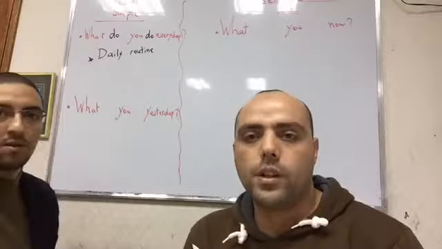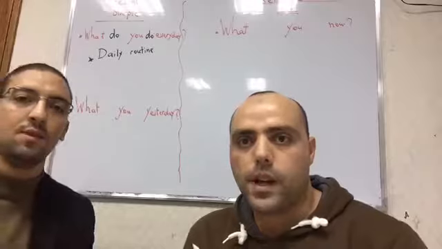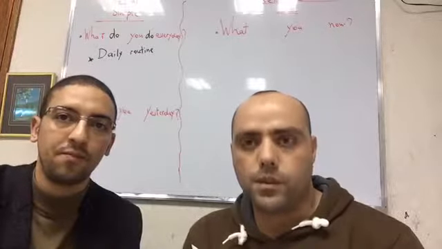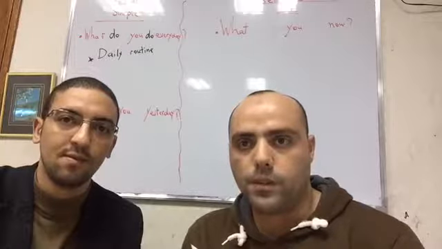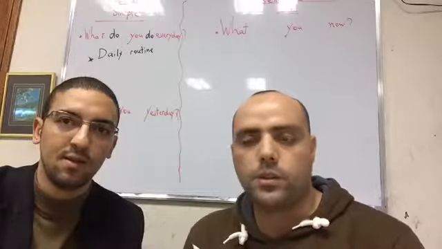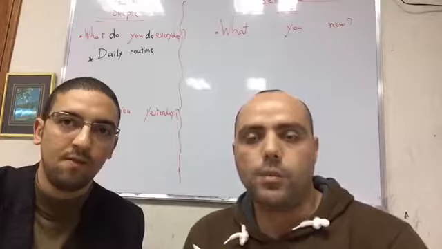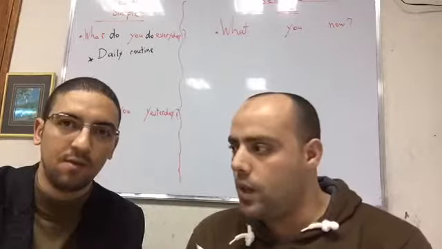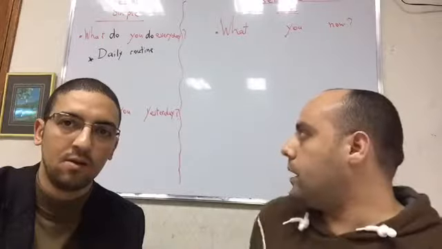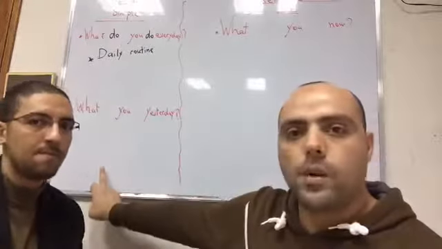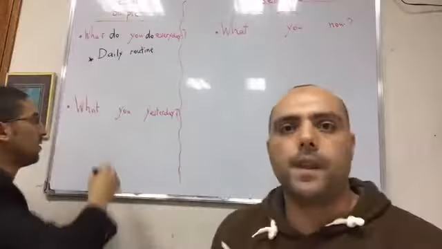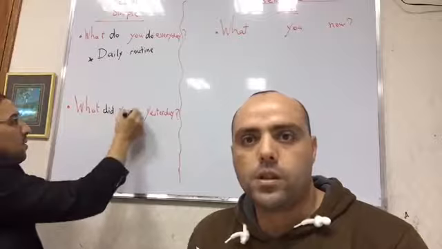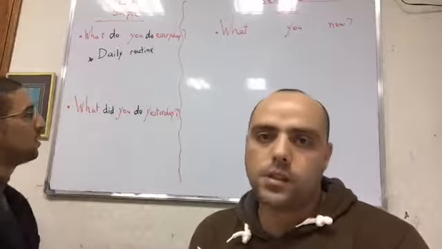Or you can use it also to express facts and also fixed times in the future, like for example, the train leaves at 6 a.m. in the morning. And also we've been talking about the past simple. We said you can use that form of a question to ask about the past simple, like for example, what did you do yesterday?